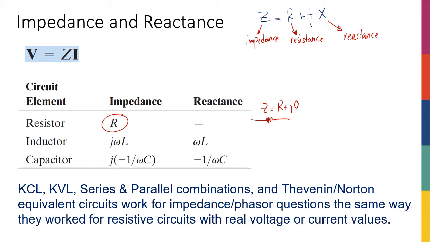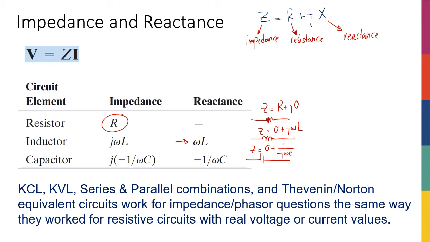For an inductor, the impedance is 0 plus jωL. So it has no resistance, but it has ωL reactance, right? It's all imaginary. And for a capacitor, I can say that Z is equal to 0 plus 1 over jωC, right?